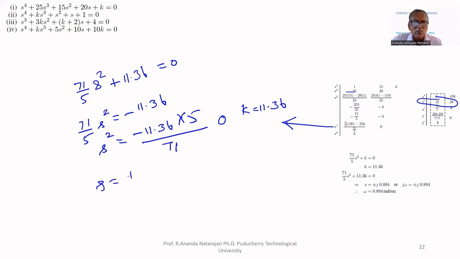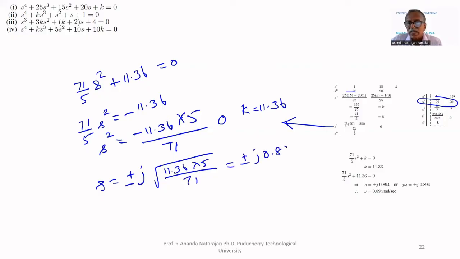Therefore, s equal to plus or minus j square root of (11.36 × 5/71), that is equal to plus or minus j 0.894. The frequency of oscillation is 0.894.